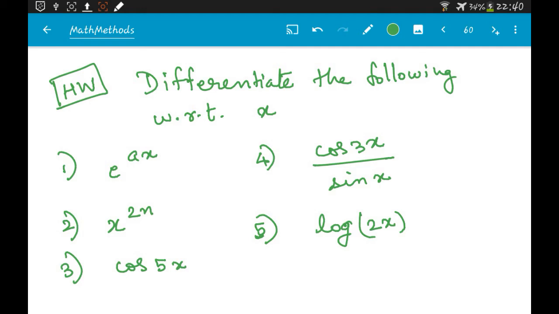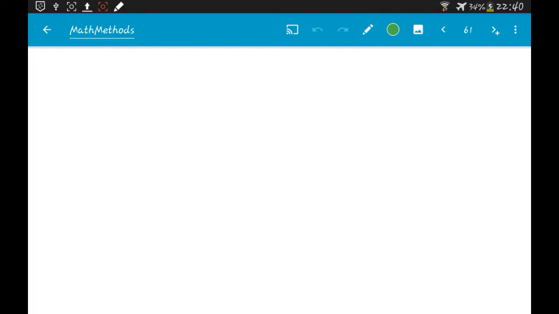Alright. Now let's go to some expansions. Okay, so there are some functions, for example sin x, cos x, e power x. So these are functions which in certain limits can be written in a series form. Alright. So the general form to write something in a series: let's say there is a function f of x and we want to represent this in a series.